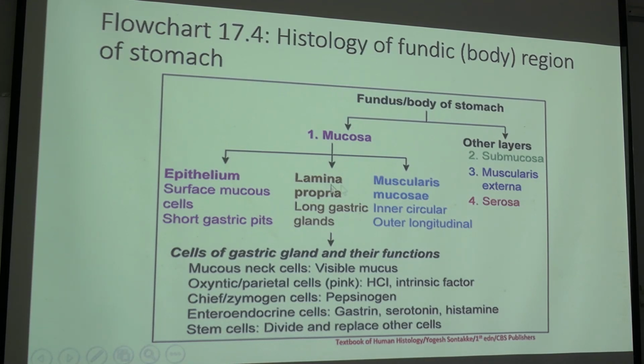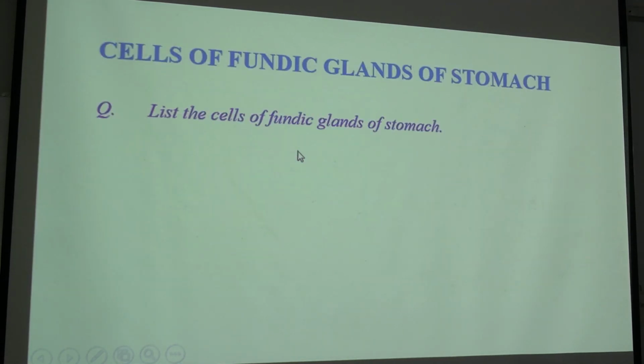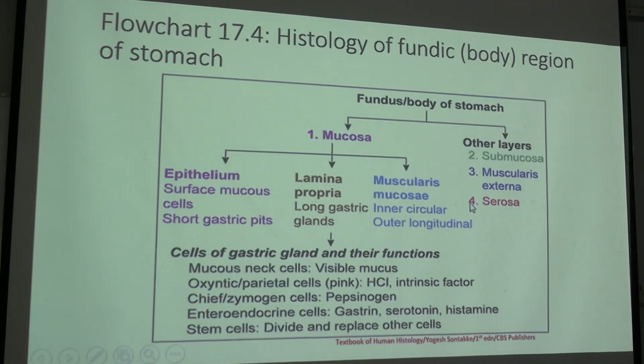So, remember the cells that are present in the gastric gland, in which layer they are present, and the different functions and aspects of the stomach whenever you see this histology. This chart matters, and this element matters in this region.